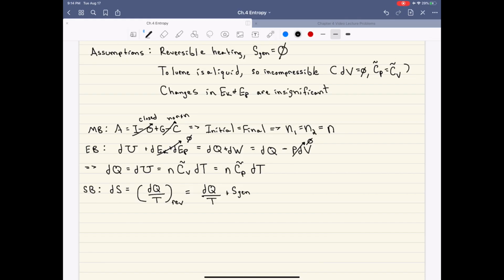Now for this problem, it's going to be simple because we are specifically looking at reversible heating. And so that would allow us to just jump directly to this.